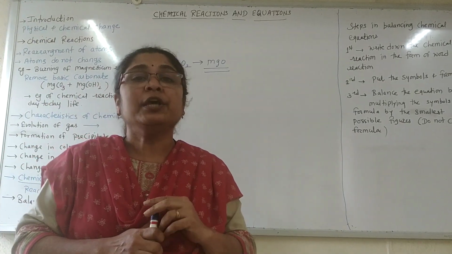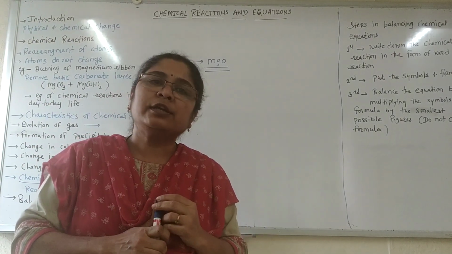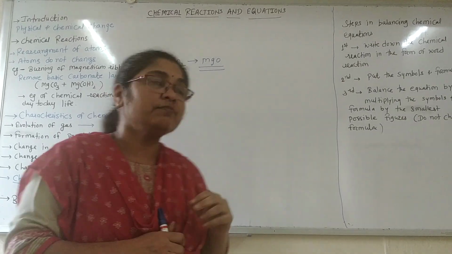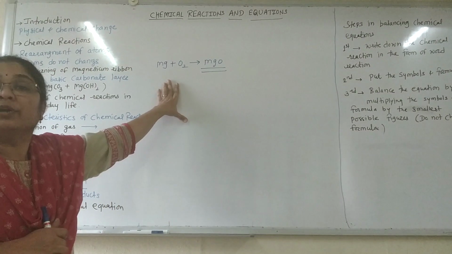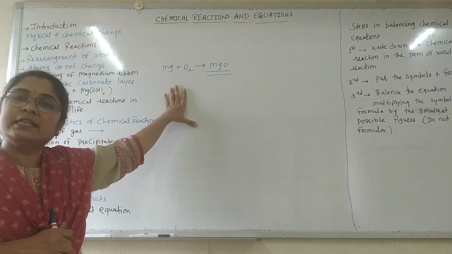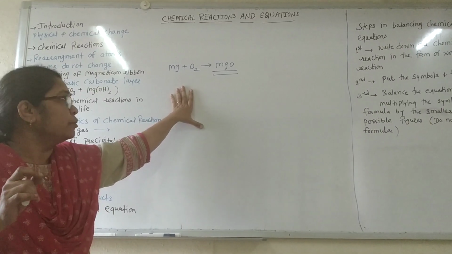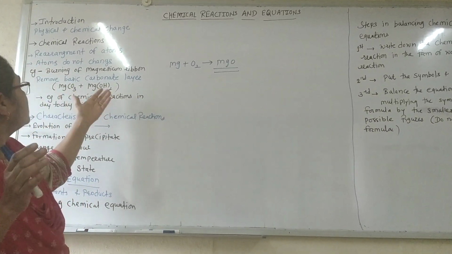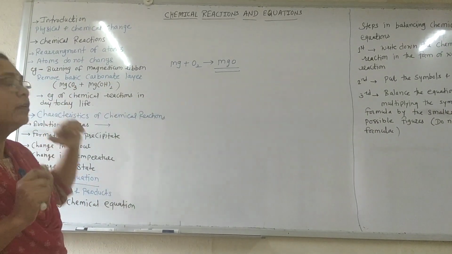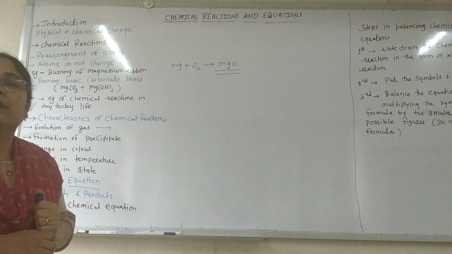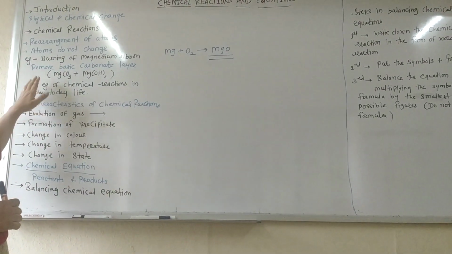This layer has to be removed. When this layer is removed totally from the surface, the magnesium ribbon can burn very easily.